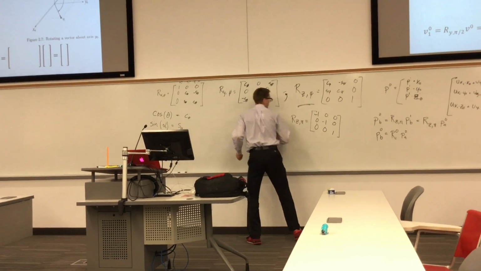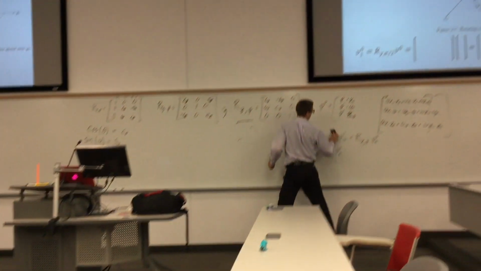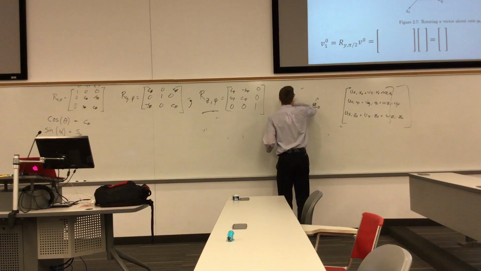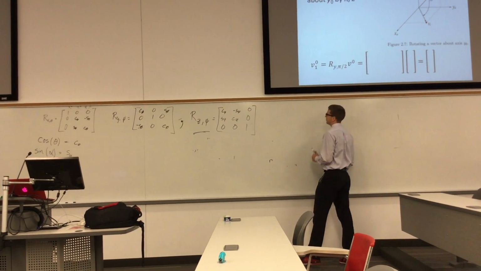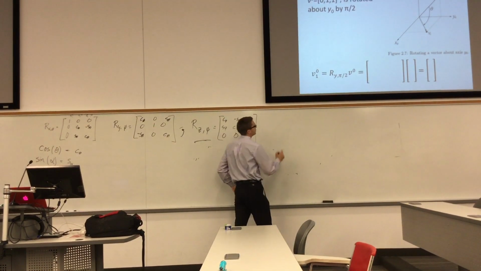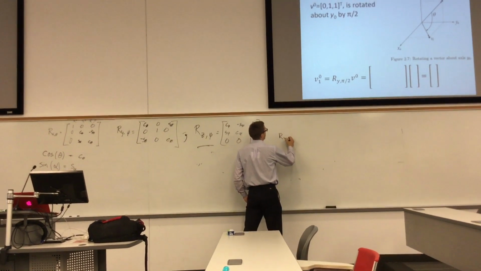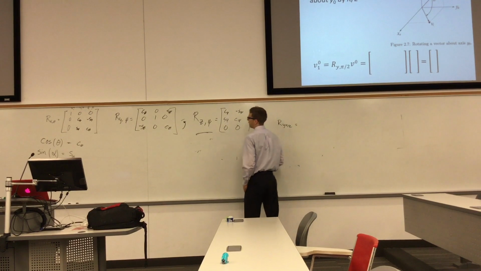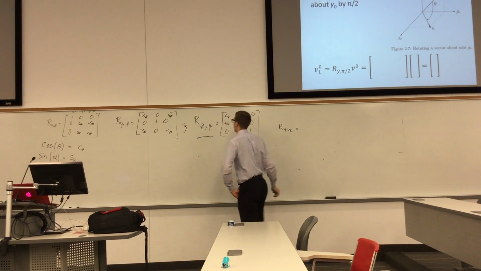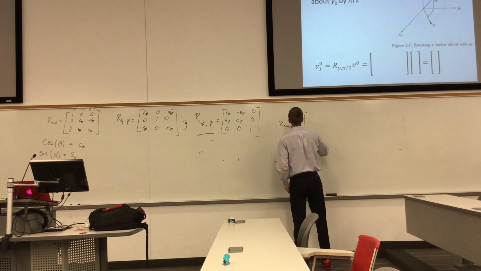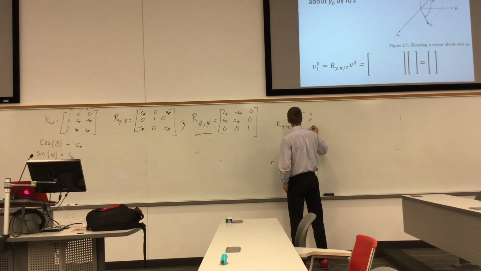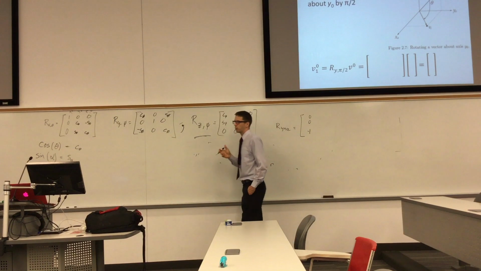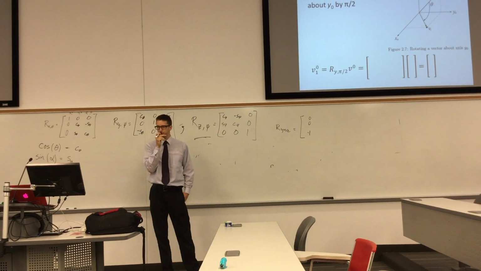So we'll give ourselves a little bit of room here. So what is ry pi over 2? Well, we've got our ry here. So we get a 0, 0, -1. So we're rotating downwards.